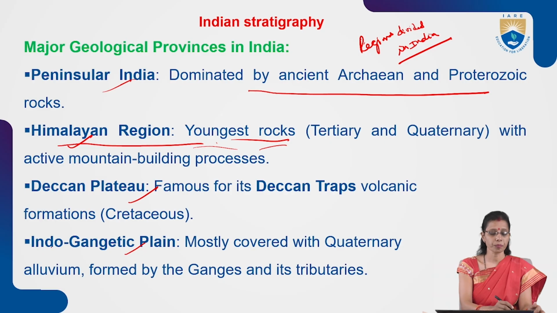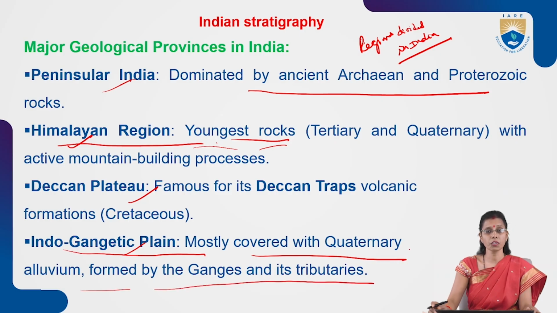Now next is the Indo-Gangetic Plain. The Indo-Gangetic Plain is mostly covered with quaternary alluvium formed by the Ganges and its tributaries.